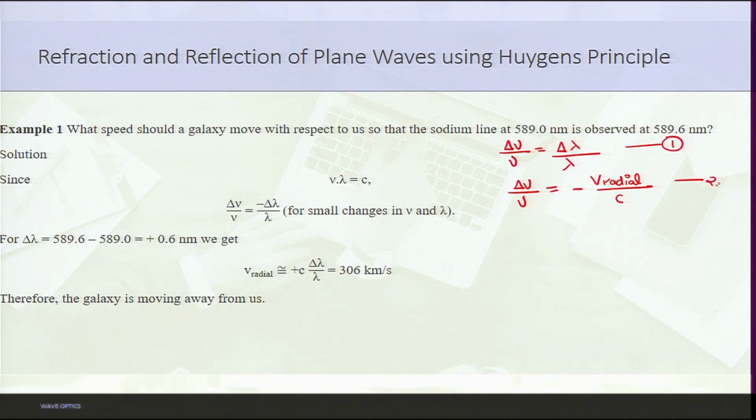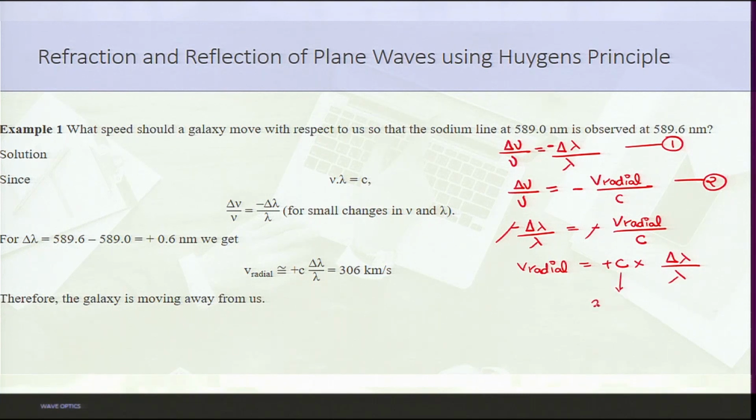Now, using equations 1 and 2, we get minus delta lambda by lambda is equal to minus v radial by c. If I remove the negative sign, the v radial that is required is nothing but plus c multiplied by delta lambda by lambda.